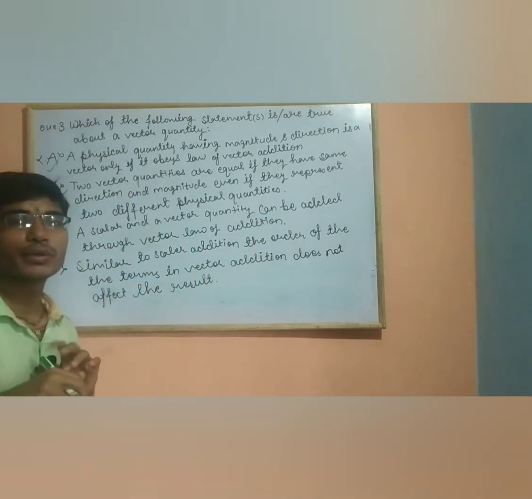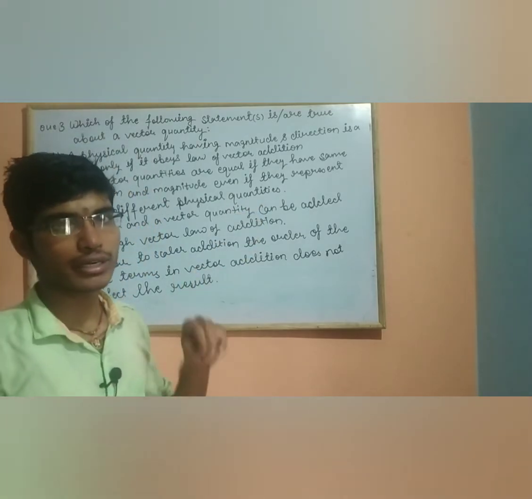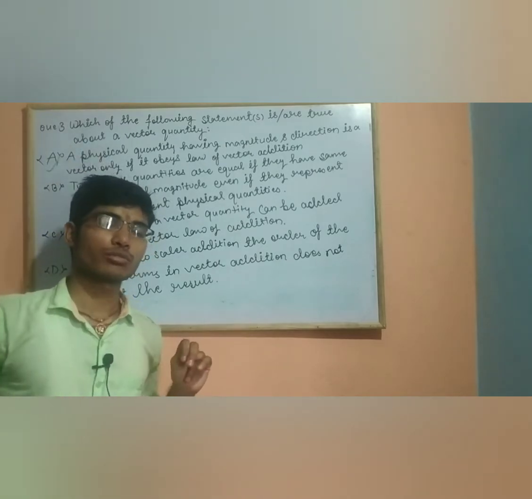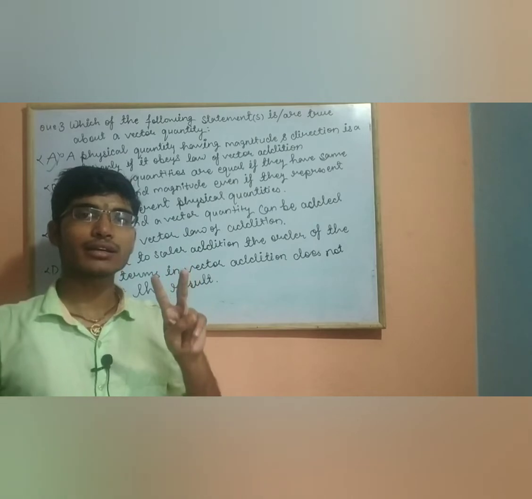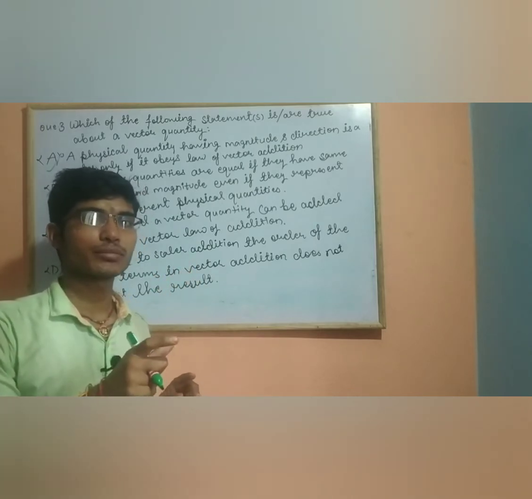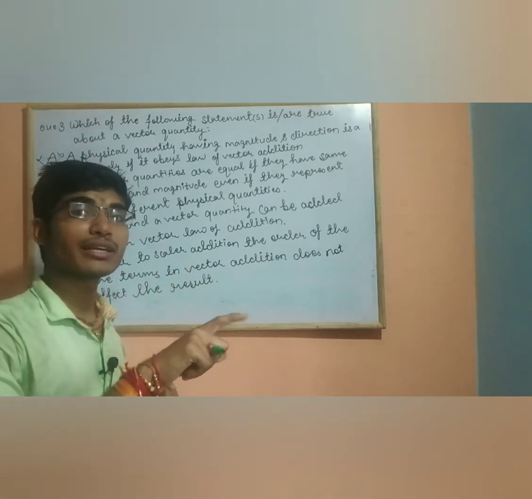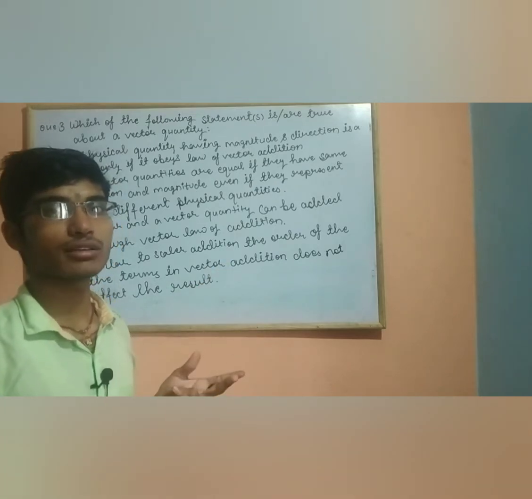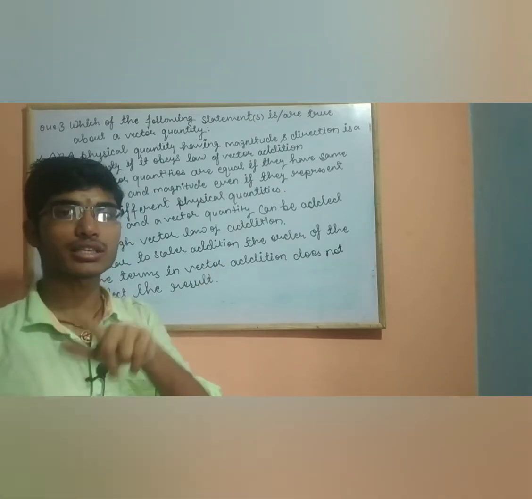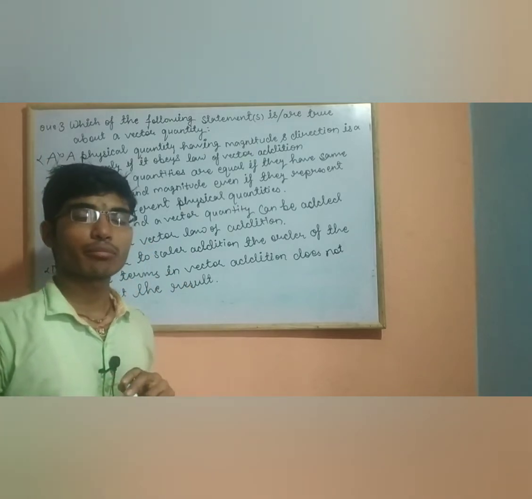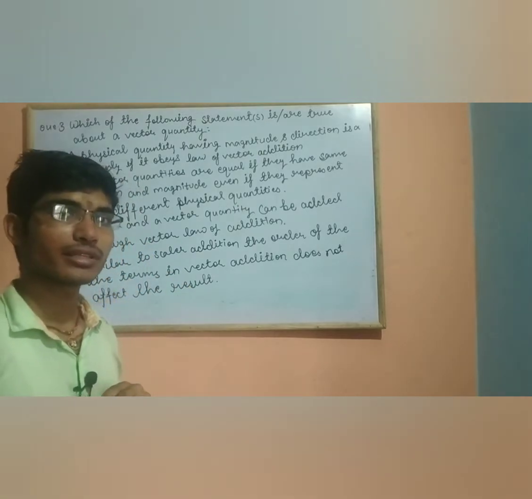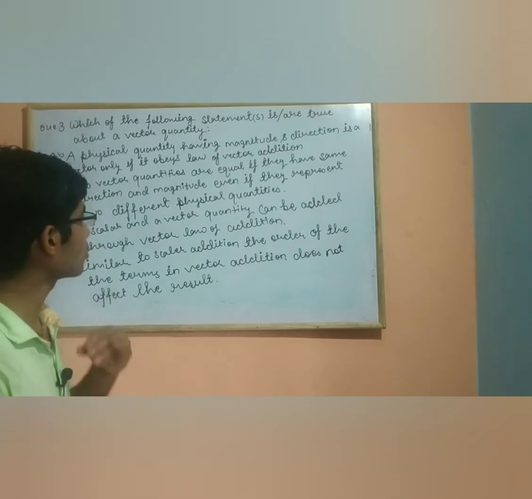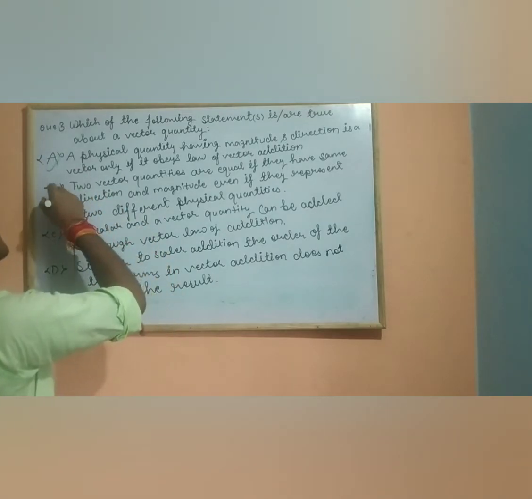Means we have two vector quantities whose direction and magnitude are the same, but they represent two different physical quantities. Like one represents velocity, the other represents acceleration, but their magnitude and direction are the same. Can they be equal? No, they cannot be equal. So option B is incorrect.